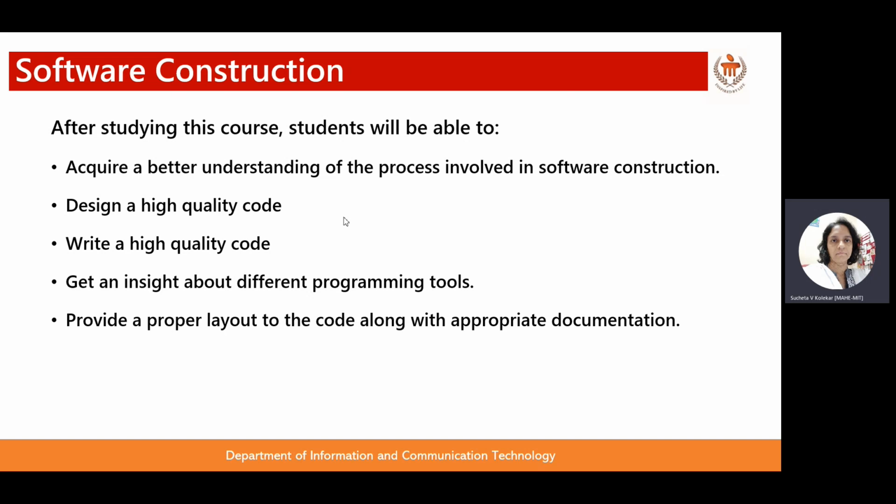But you have to understand that most of the time, the specific programming language will make a software unique or different. So when you are choosing the specific programming language, there are a lot of parameters you have to understand, and you have to decide the specific programming tool. This subject will help you to lay out the code, decide which programming language will be suitable, and decide what kind of technology should be followed.